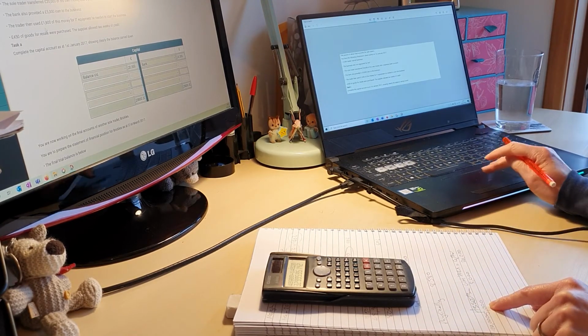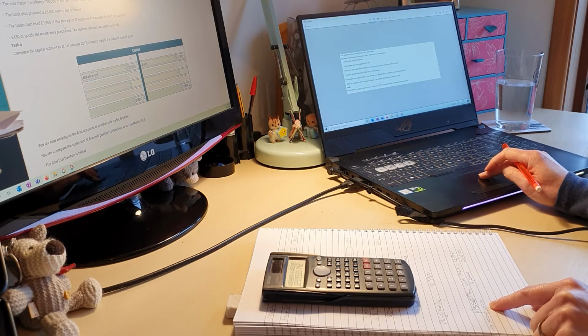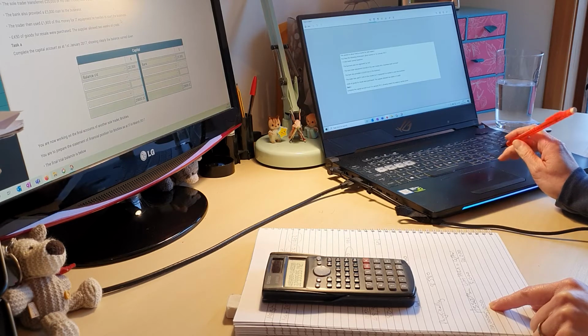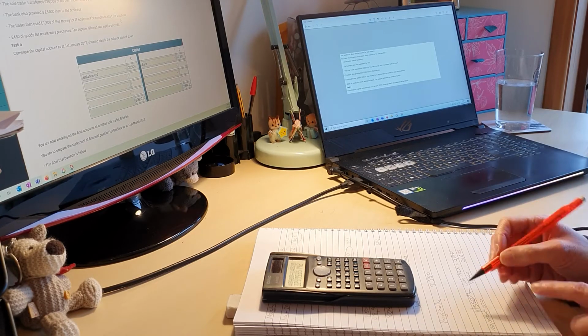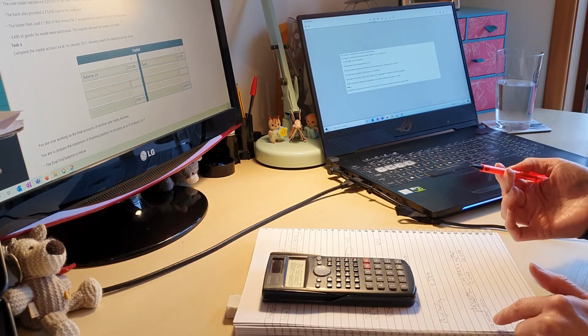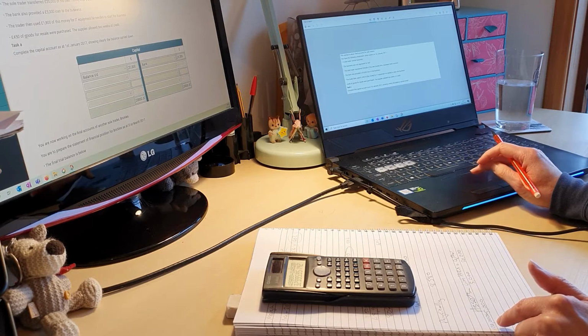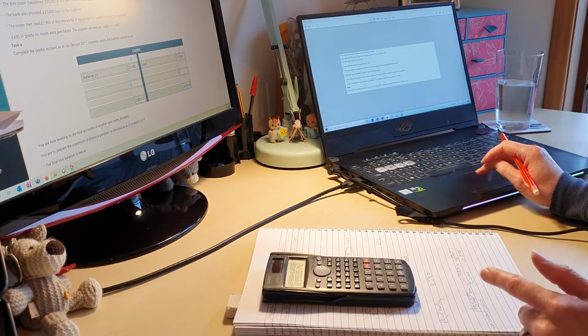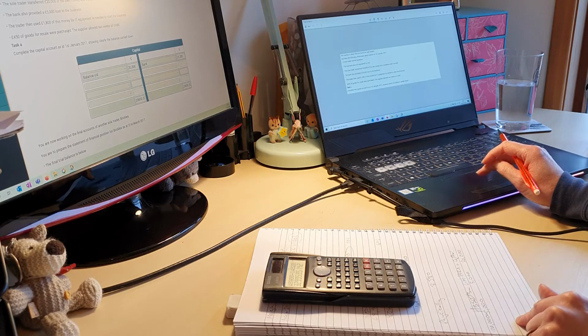The trader then used 1,800 of this money for IT equipment he needed to start the business. So that's basically 1,800. It's gone from being an asset to an asset. 450 of goods for resale were purchased. 2 weeks of credit.